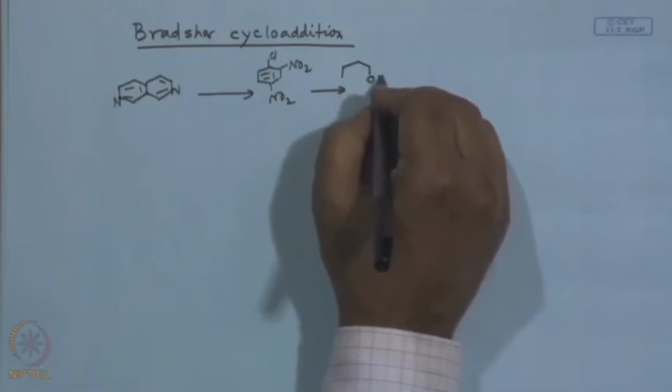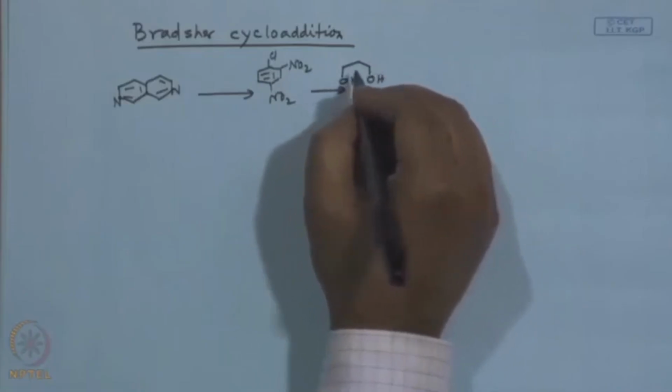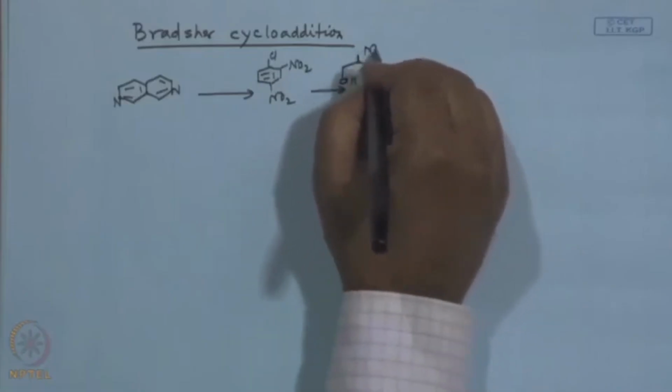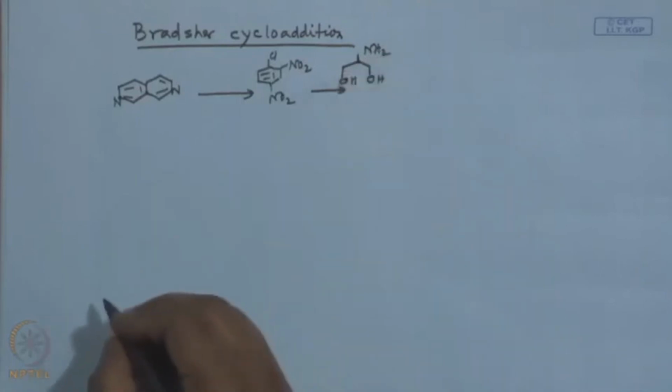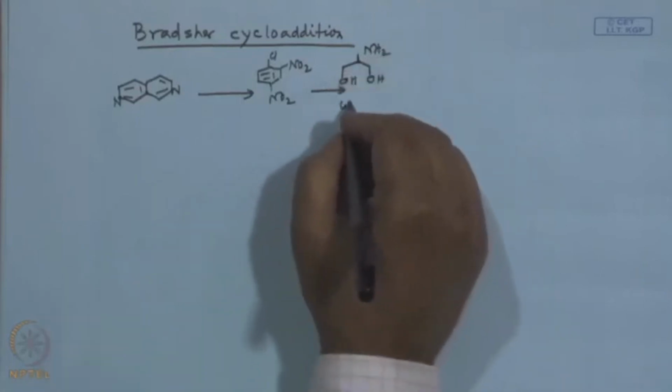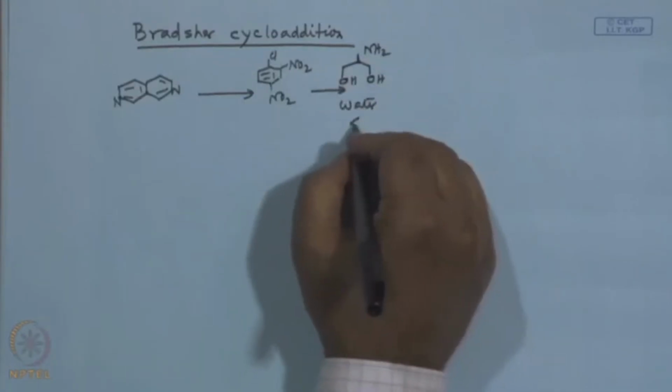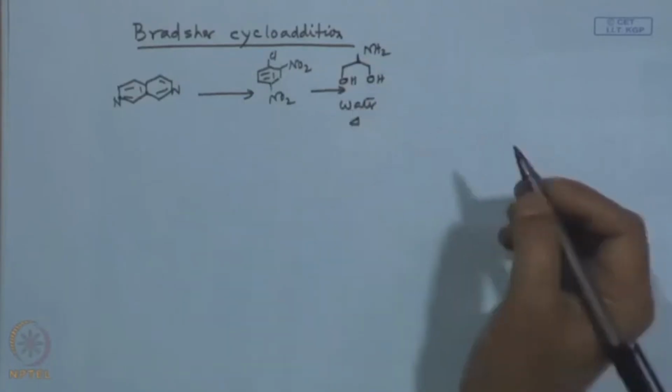I don't know whether you should be able to predict the product or not. Then it is an amino alcohol, and just put them in water and heat. So what is the product you expect?